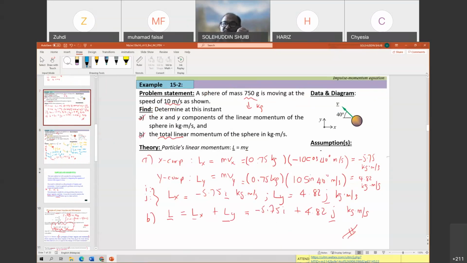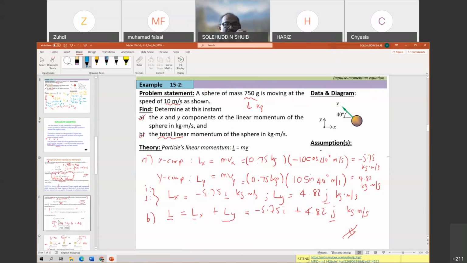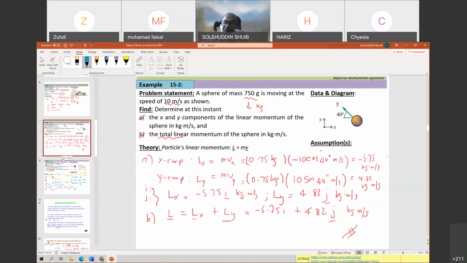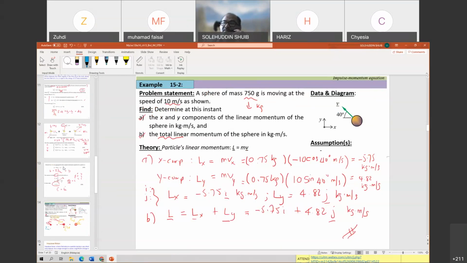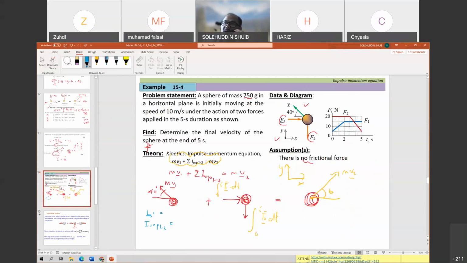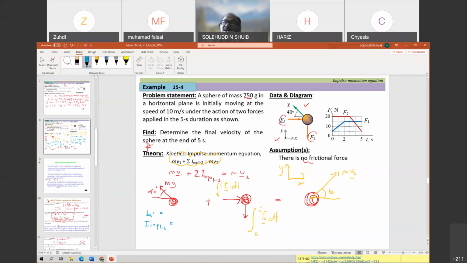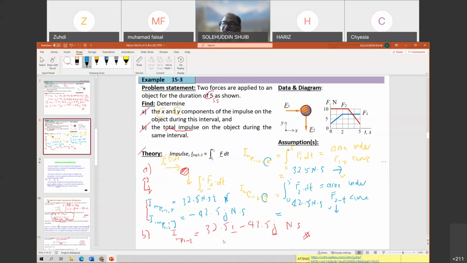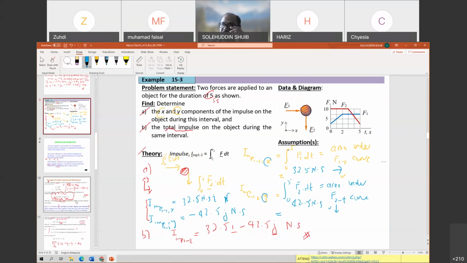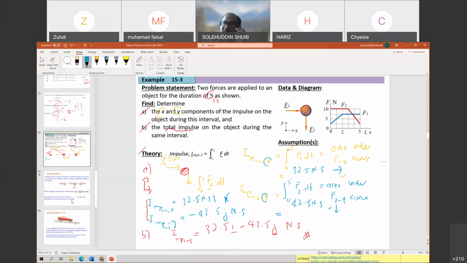And for the impulse from 1 to 2, we calculated the impulse just now. You get 32.5. Remember, I asked you to calculate 34.5. You calculated the impulse in example 15.3, right? 32.5 i minus 42.5 j, in newton seconds. I obtained these values from our previous example.